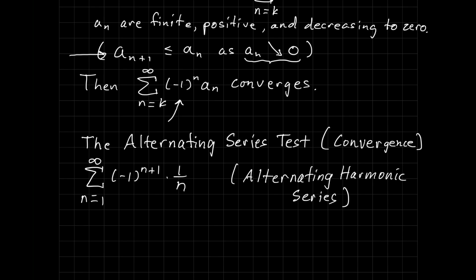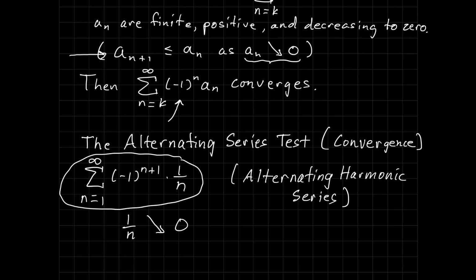Well, let's look at the sequence 1 over n. As n goes to infinity, certainly 1 over n decreases to 0. And since the series in question alternates, we know that this series will converge by the alternating series test.